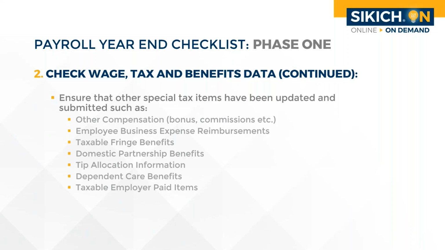For those of you in the hospitality industry or other industries where you have tips, the IRS has specific guidelines as to the amount of tips that must be reported based upon revenue. If those amounts aren't met, that's when an allocation comes into play.